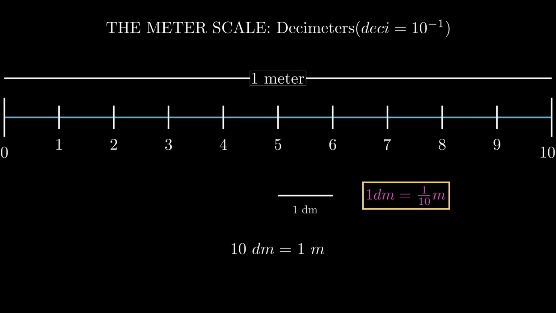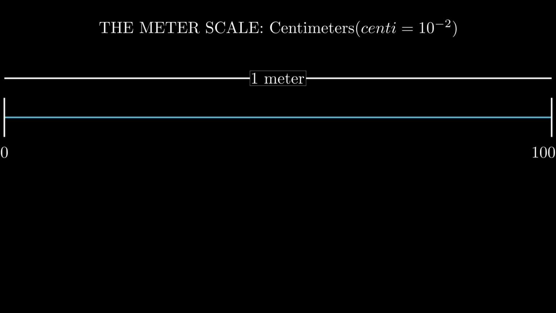So let's look at centimeters, which you probably already know. Right. So that's why I divided that line from 0 to 10, so that I can make 10 divisions to represent what I mean by a decimeter. Right. So in here now, if we further divide 1 meter again, but now we will make 100 divisions. So this is to measure smaller things than a meter or smaller things than a decimeter scale. So then 100 divisions.